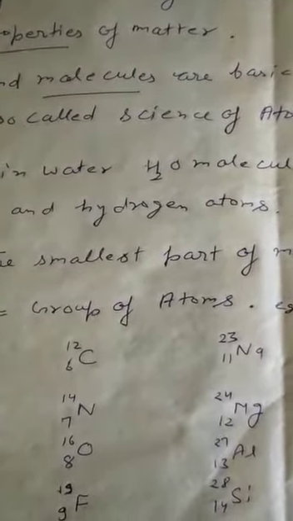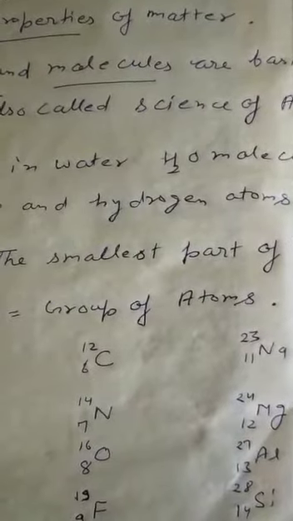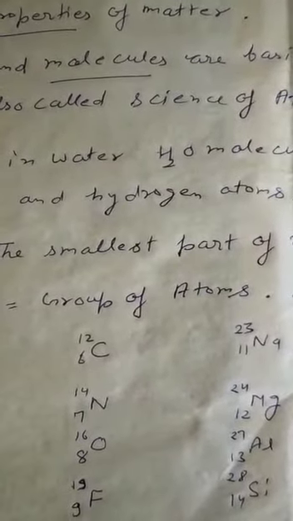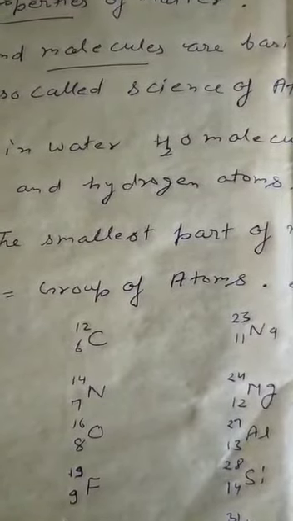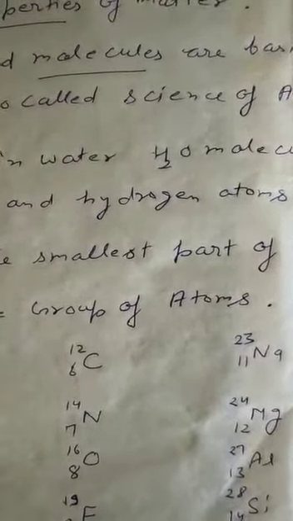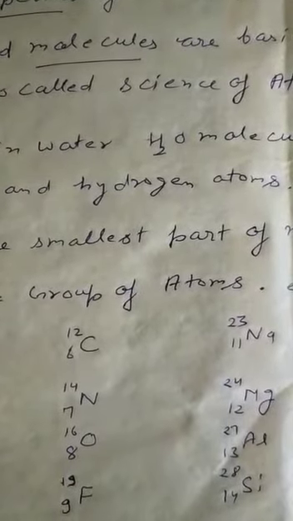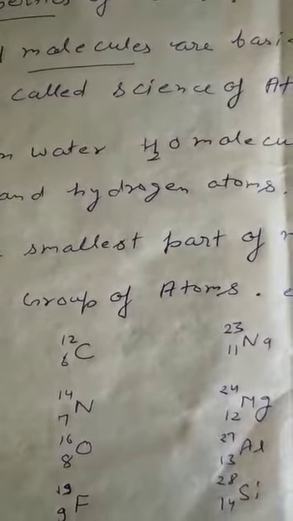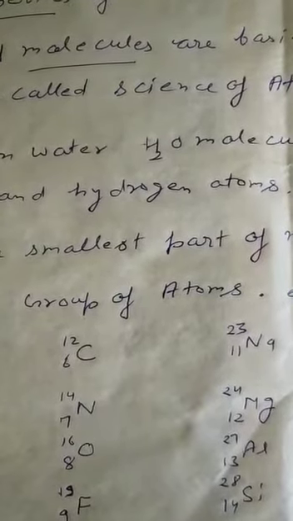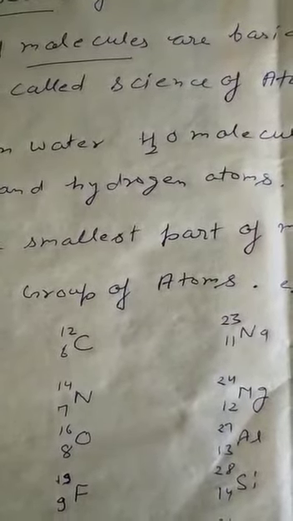According to John Dalton, who defined the atom, it is the smallest particle of matter which cannot be further divided. The word atom means uncuttable, that is, not further divided. But now we know that the atom also has some subatomic particles like electron, proton and neutron.